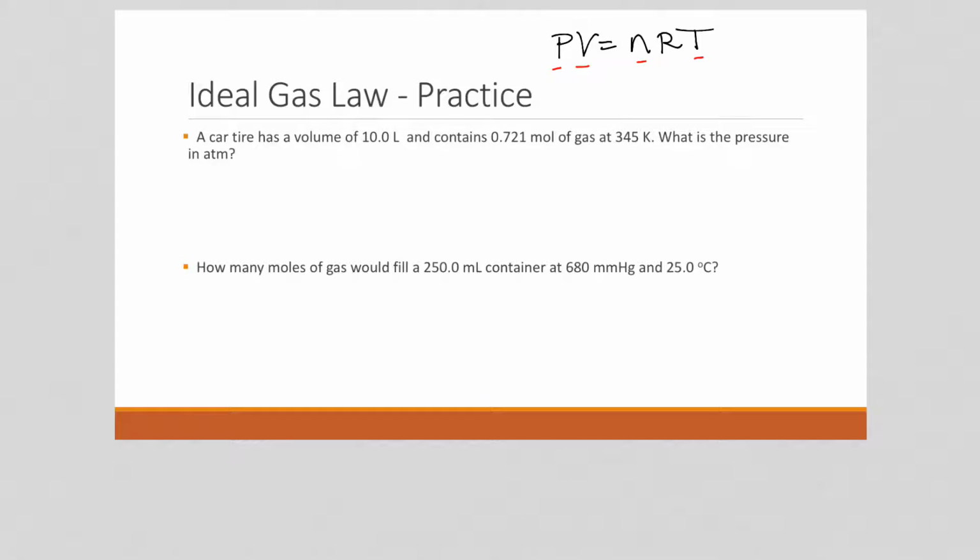A car tire has a volume of 10.0 liters, contains 0.721 moles of gas at 345 Kelvin. We want to know what the pressure is in atmospheres. Let's see what we know. I like to list our values.